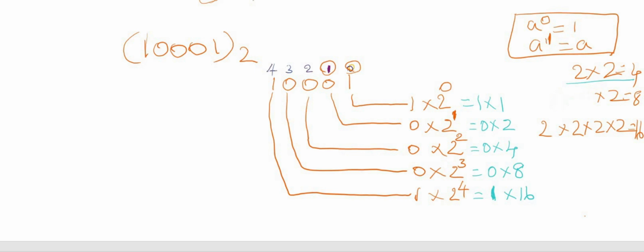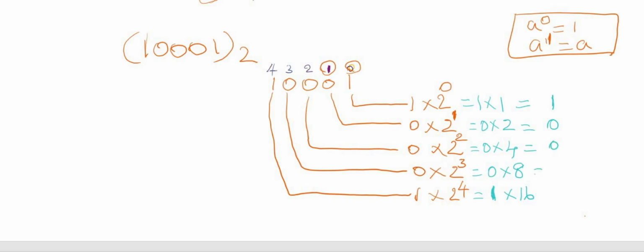Now let's write and multiply those numbers. 1 into 1 is 1. 0 into any number is 0. 0 into 8 is 0. 1 into 16 is 16.